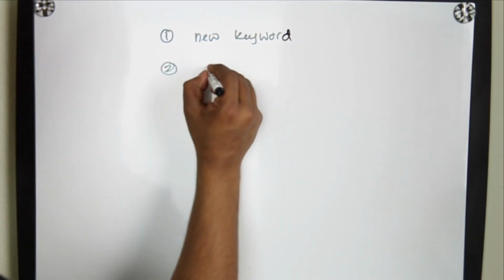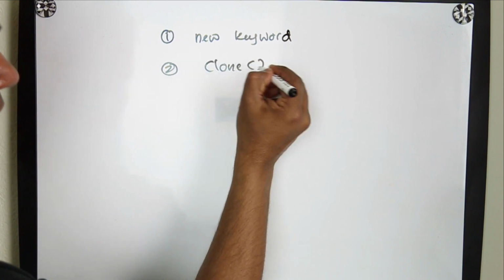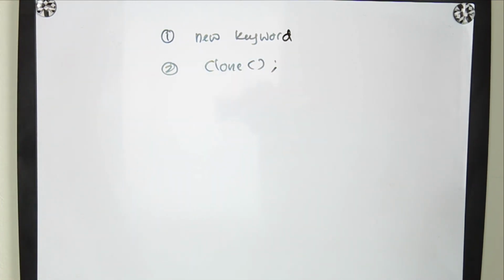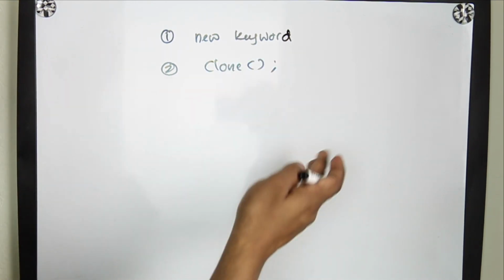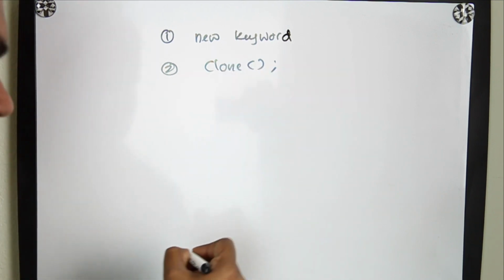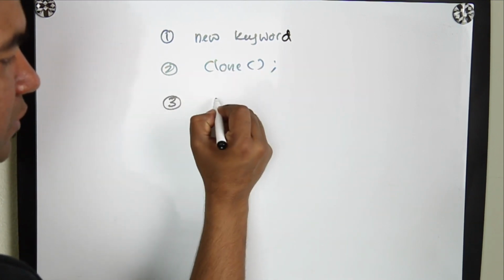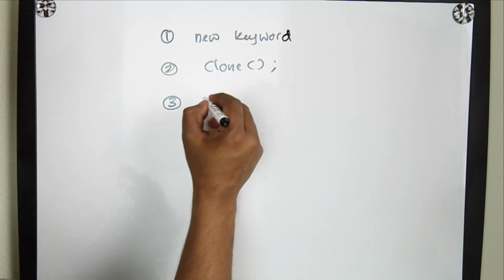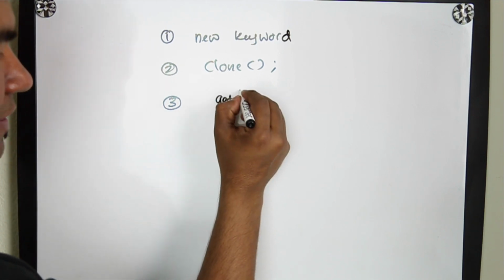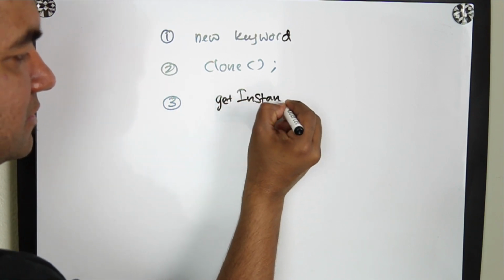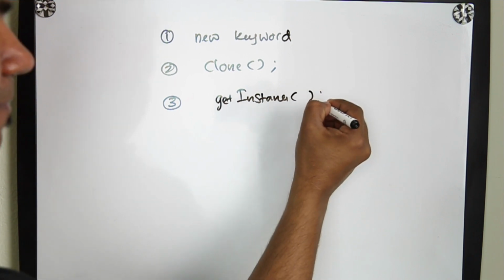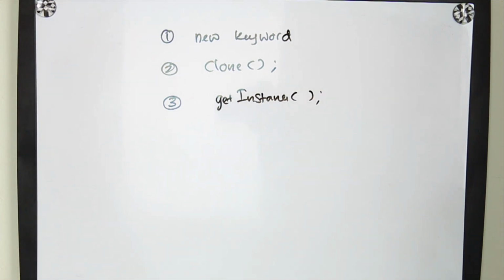Second, you can use the clone method from an existing object. Third, you can use the reflection API, where you can use the get instance method, which also gives you a new instance.